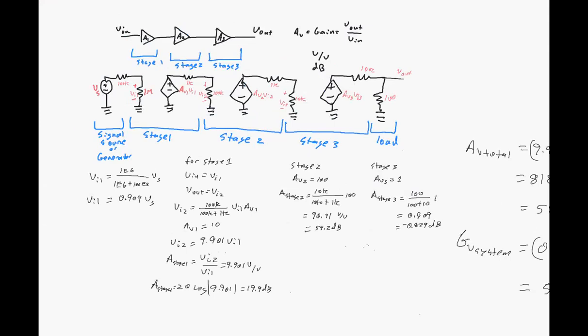If you draw it out carefully and use good, careful naming conventions, it should be a lot easier and work for you. I'll put some practice up here so you'll get some practice on calculating those gains, and also the volts per volt and dB thing.